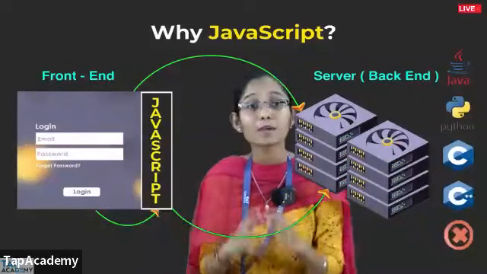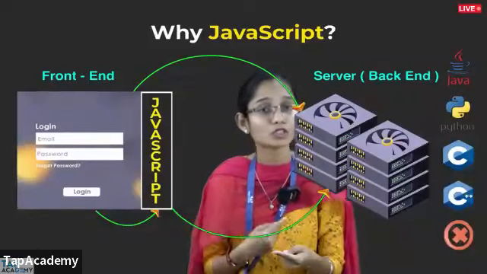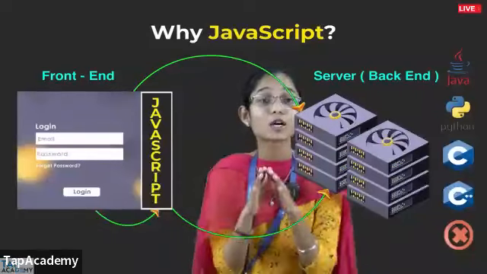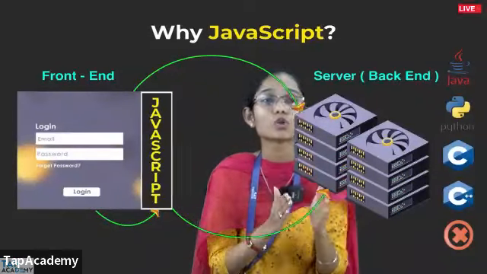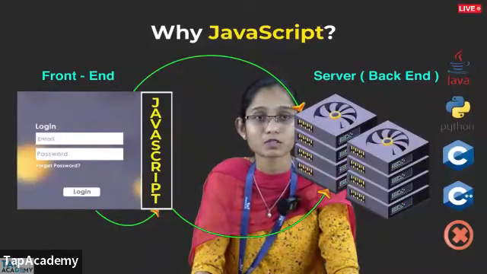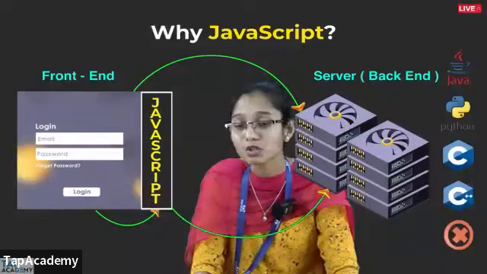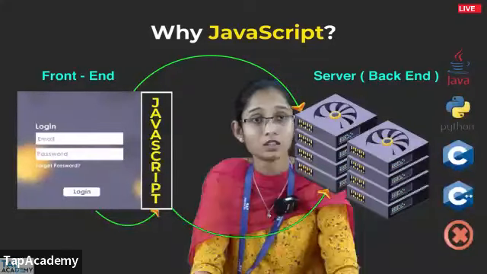That is why people started using JavaScript to perform logical operations, to perform computation operations, and to complete that task in the front end itself without invoking the server multiple times. Why? Because invoking the server multiple times is not a good approach. Applications will not work.